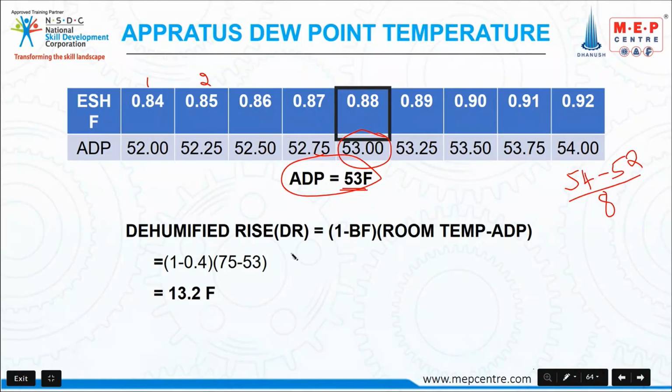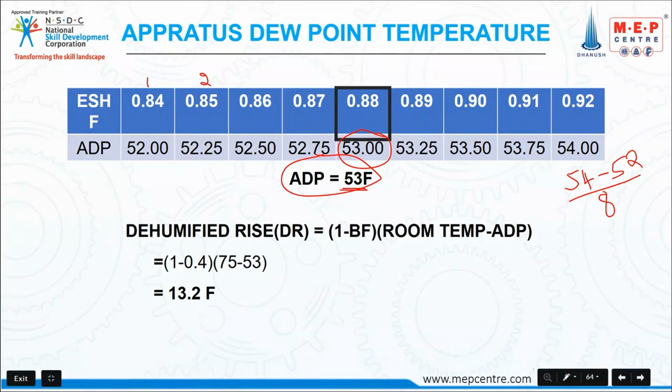Okay. So dehumidified rise equals 1 minus bypass factor into room temperature minus ADP is the formula. 1 minus 0.5 into 75 minus 53, which is 13.2 degree Fahrenheit. That means due to the dehumidification in the coil, the water temperature is rising by 13.2 degree Fahrenheit.